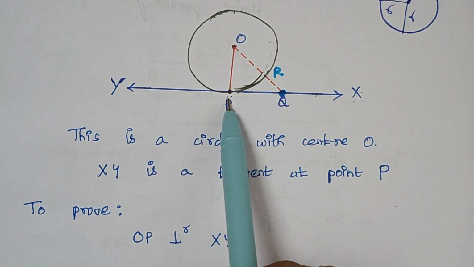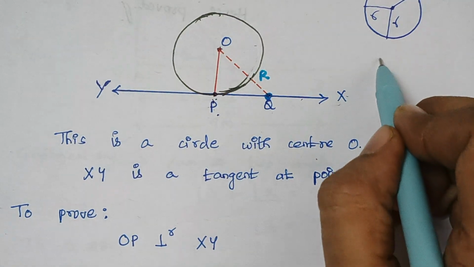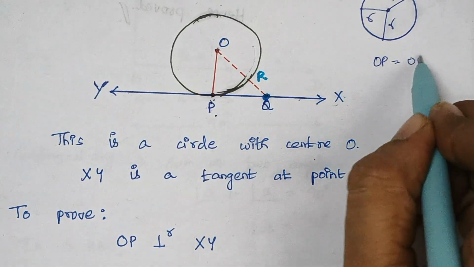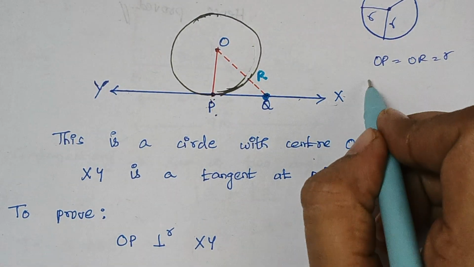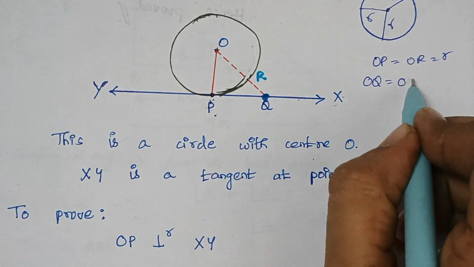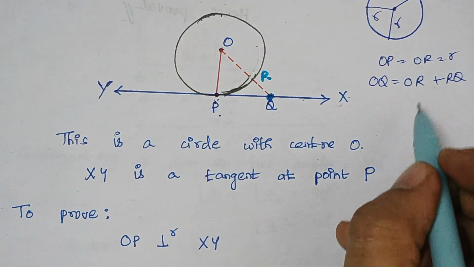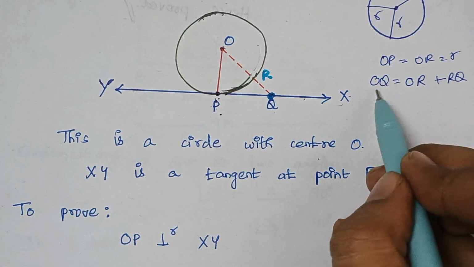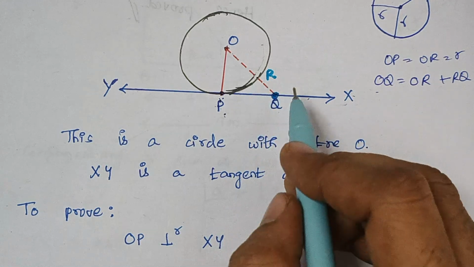Or to prove it more technically, you see, OP is equal to OR because they are the radius of the circle here. And OQ is nothing but OR plus RQ, right? If OQ were equal to OR, then it is okay.